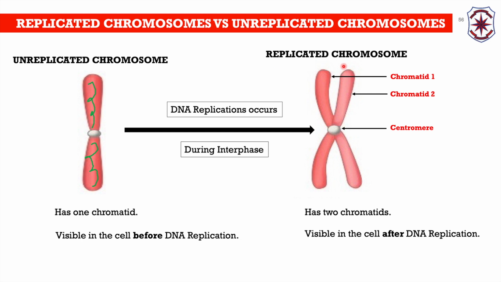A replicated chromosome is visible after DNA replication. So after DNA replication, the chromosome will be replicated. Before DNA replication, the chromosome will be unreplicated. Now, what does it take for an unreplicated chromosome to become replicated? We need DNA replication.